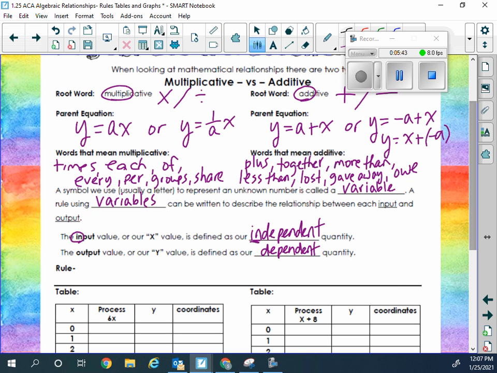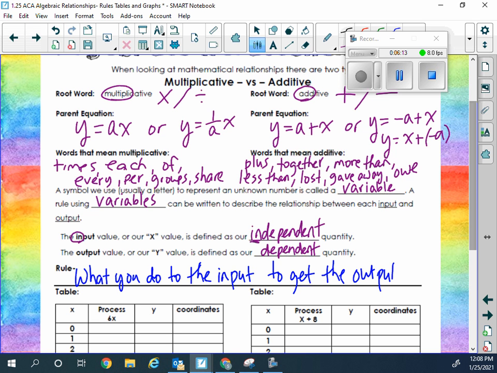Okay? Let's discuss these words, independent and dependent. So now we have a general rule here, which is what you do to the input to get the output. That's your rule.